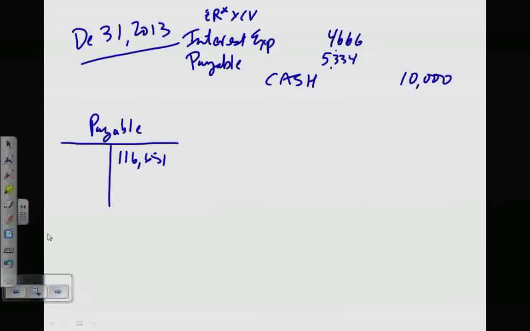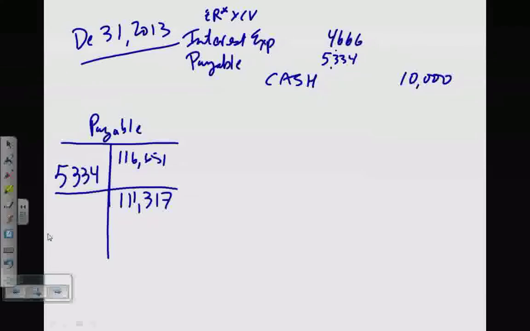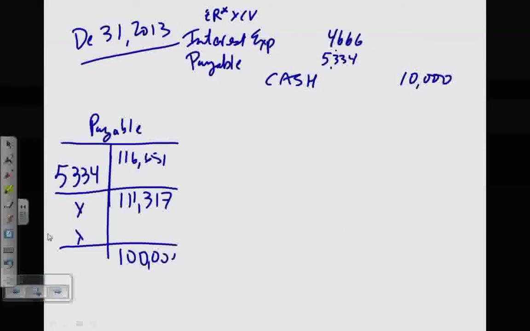So you can see what's happening here. With this new amortization, I'm going to drop this down to $111,317, and after these next two interest dates, the balance will be $100,000. So when the current liability is less than the future undiscounted cash flows, we will recognize a new effective interest rate, but no gain, and we'll just continue along there.